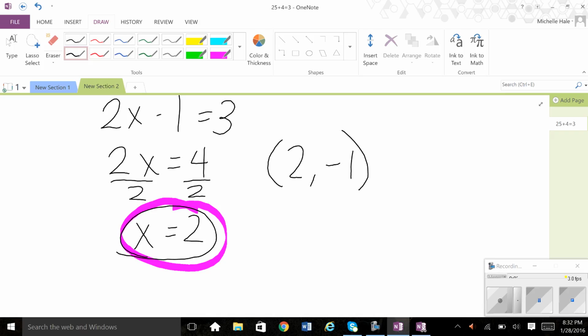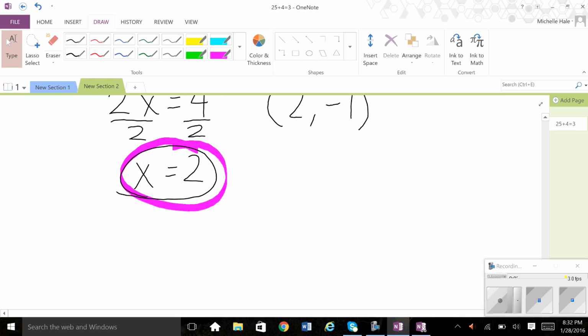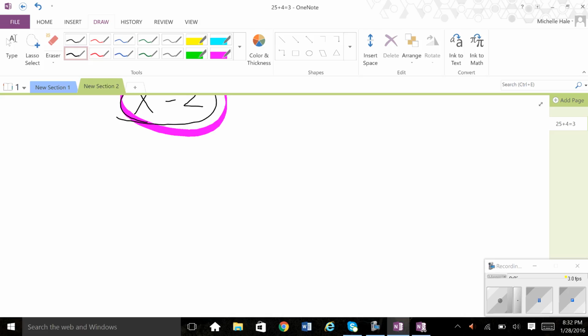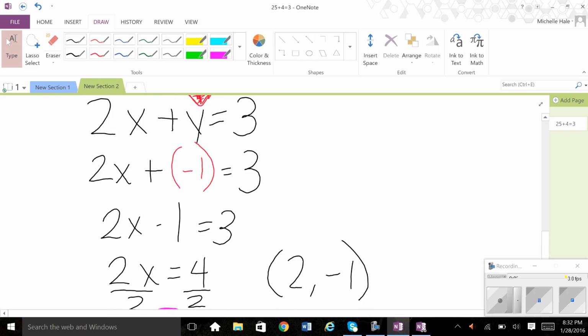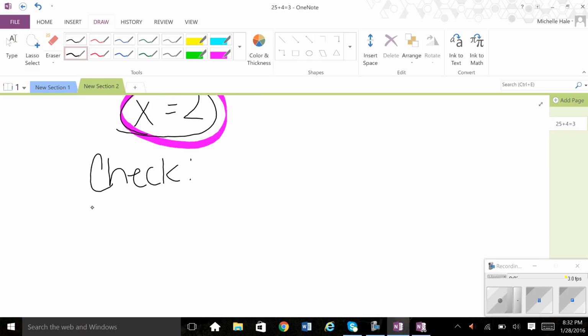And then what I always tell people to do is take your first and second equation and plug in your answer to check your work. So let's do a check. Take that first equation, which was 2x plus y equals 3.